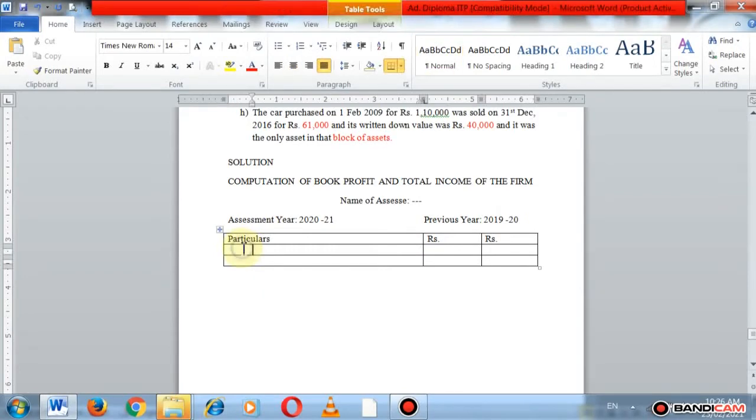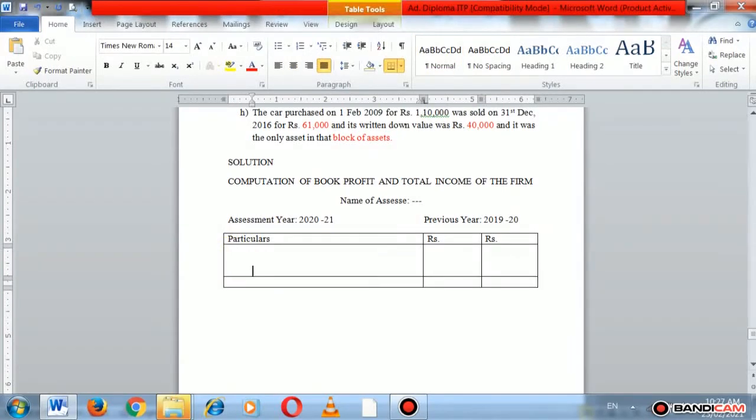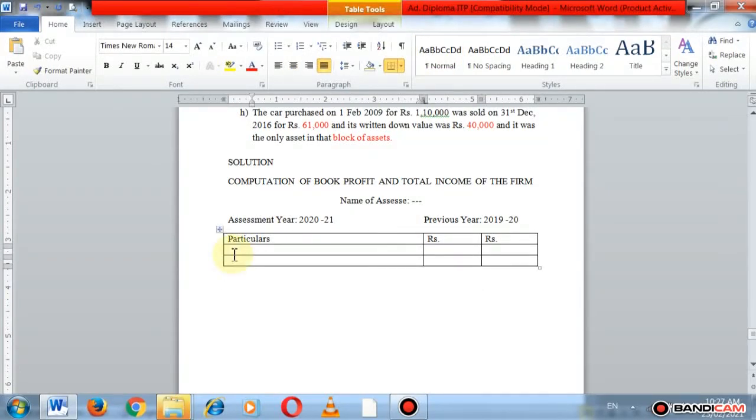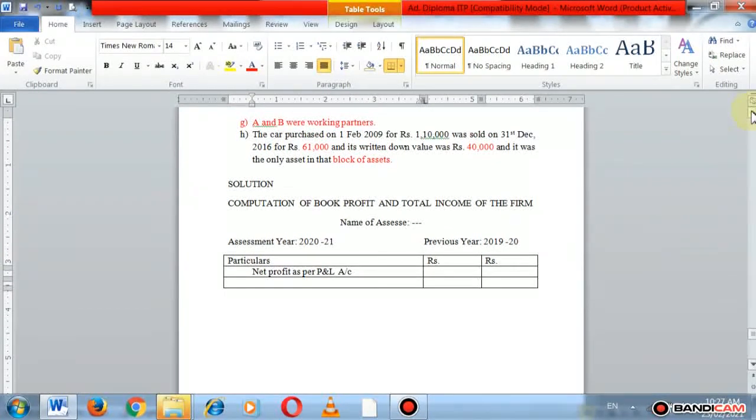So here net profit as per P and L account amounted to rupees, so net profit is given here.